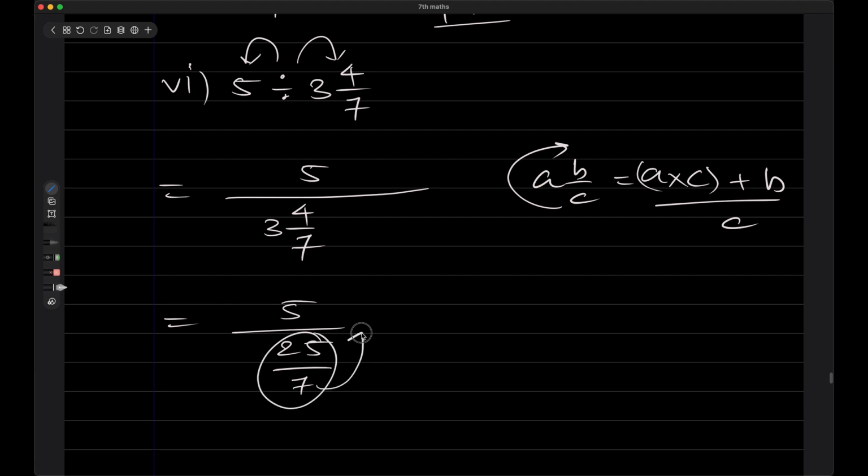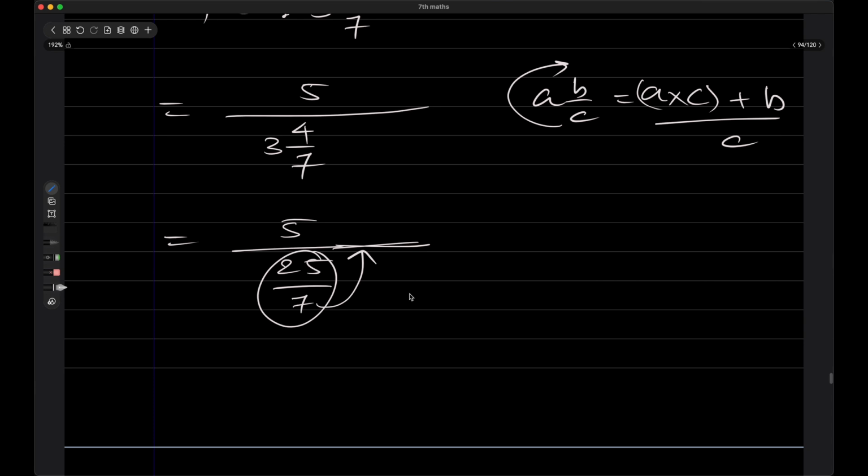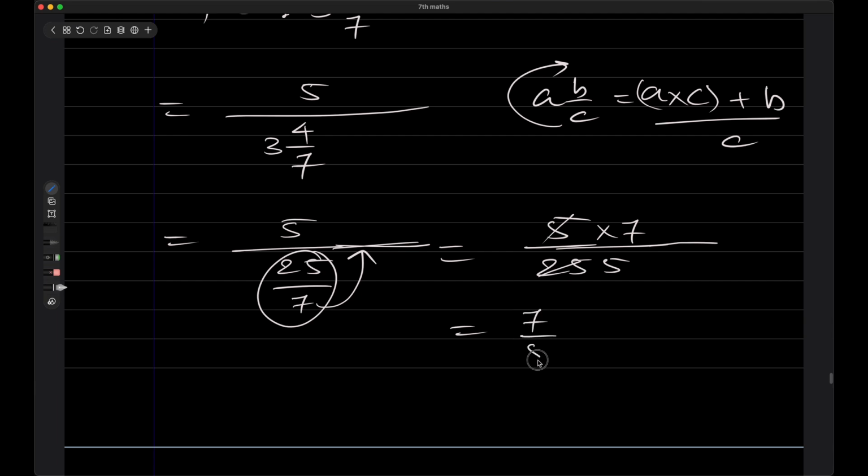Now for all the fractions, send the denominator to the opposite side of the division line, that is equals to 5 divided by 25 and send 7 above the division line. 5 5s are 25, and 7 by 5 is the answer.